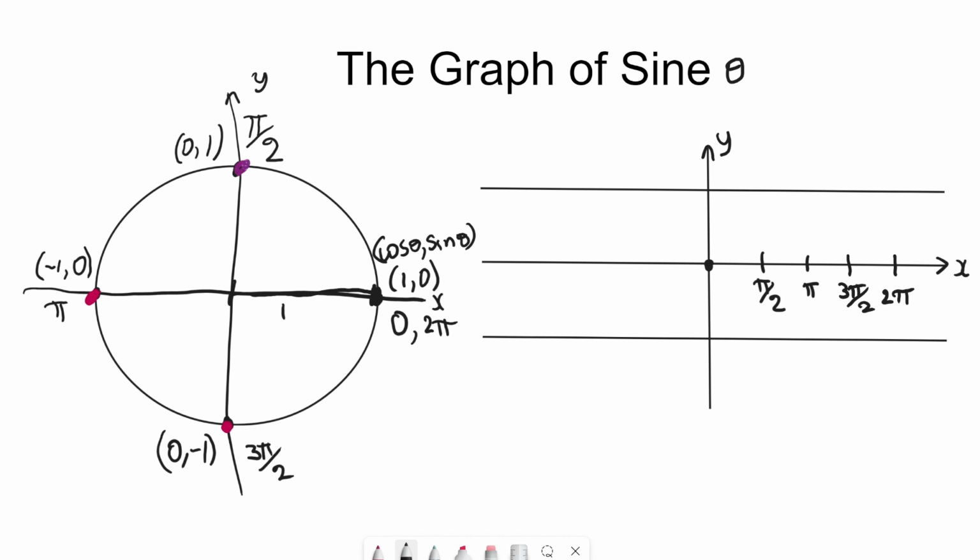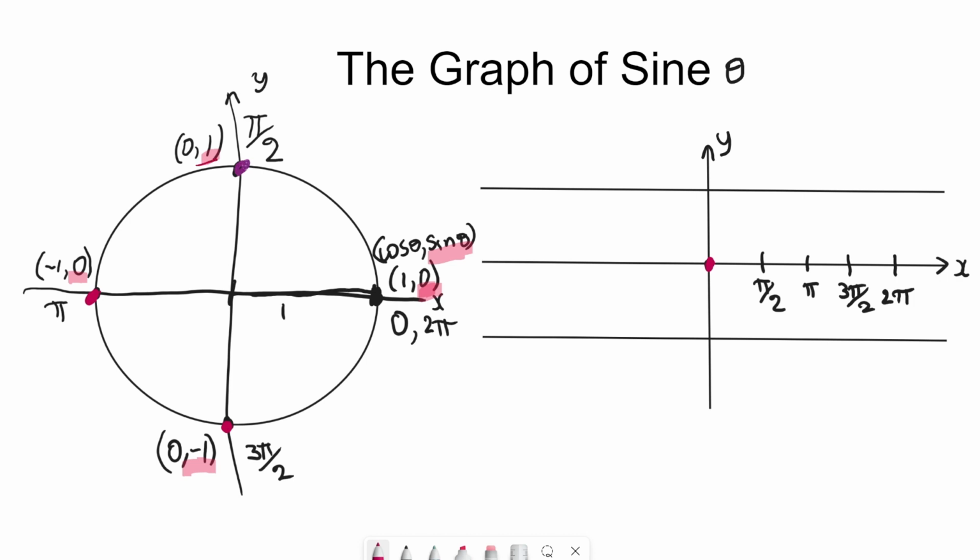Now, since we're doing the graph of sine, we want to know, well, what are the sine values of each of these? So when we're at 0, sine corresponds with my y value for my coordinate point. So that means I'm going to look at all the y values for my coordinates when I go to each of my checkpoints. Okay. So when I'm at 0, sine is 0. So that means that this point is going to be 0.